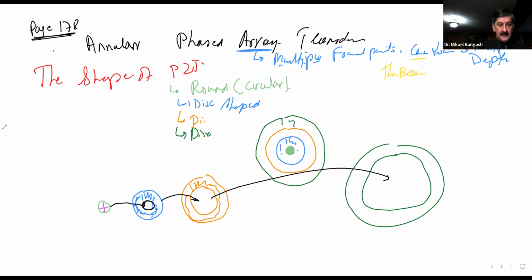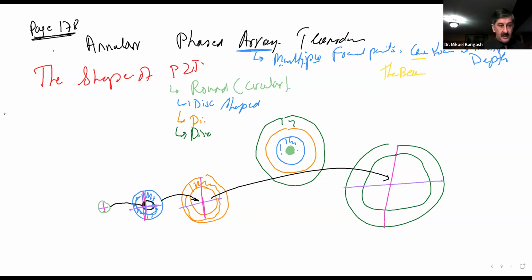But where we still see circular or disc-shaped PCTs, this would be the width, this would be the width, this would be the width, which was going to be the same as the height for each individual PCT.